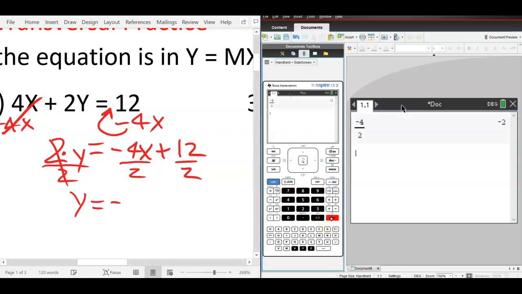Well, that's negative 2x. 12 over 2. Again, if you don't know, calculator's your friend. Let it help you out here. I would like for you to know that, but I don't want you to make a mistake or leave it unreduced. You got to reduce these things, okay? The only extra thing you could do is if there's no fraction for the slope, you could put it over 1, right?